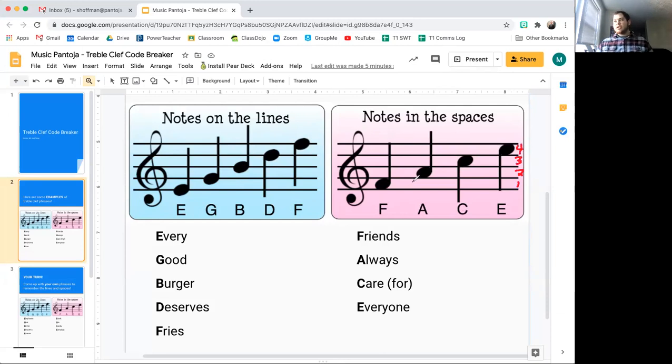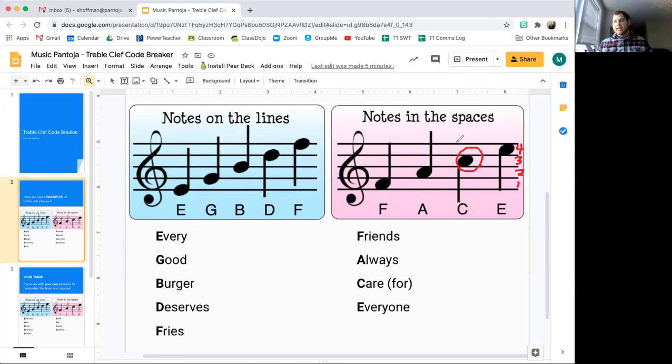Let's say I want to find the name of the note on the third space. I've counted 1, 2, 3, and there we go. That's my third space. So I know it's the third one, and I can go, oh yeah, that spells face, F-A-C-E, and C is the one that I was looking for.